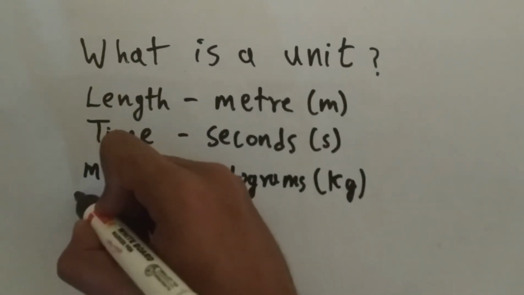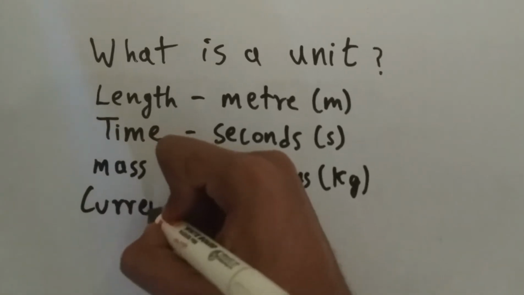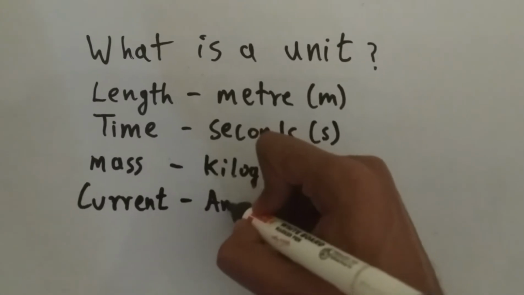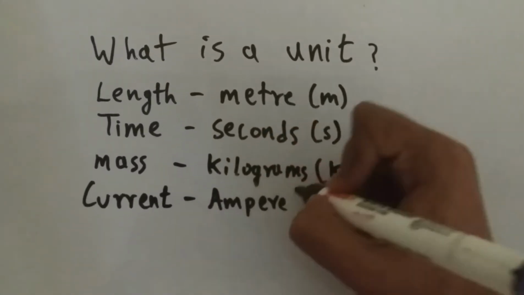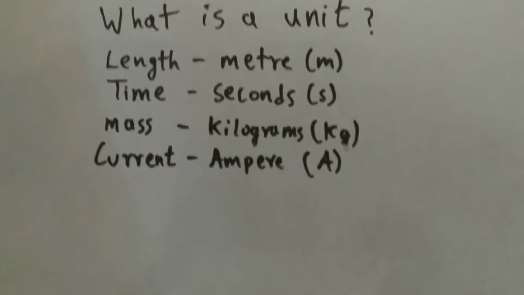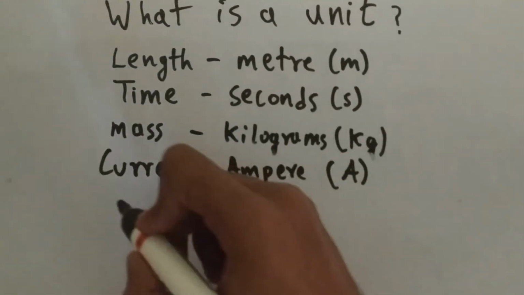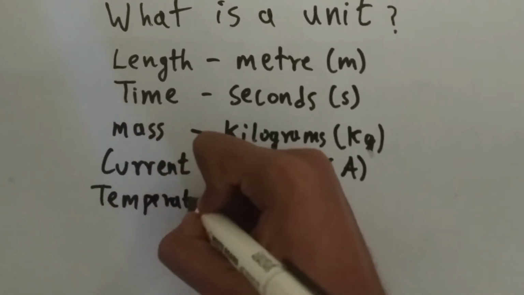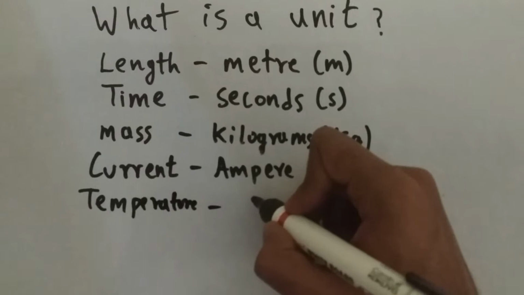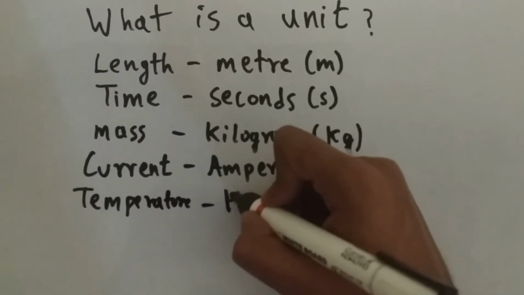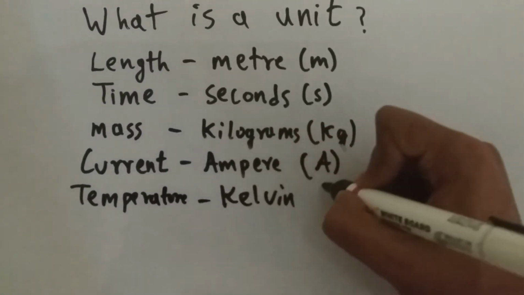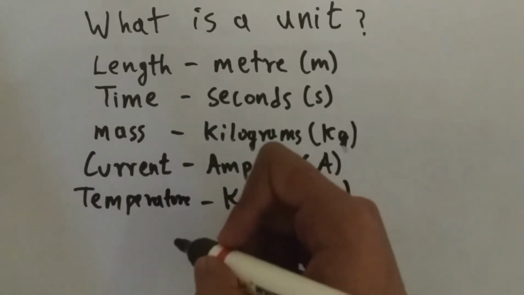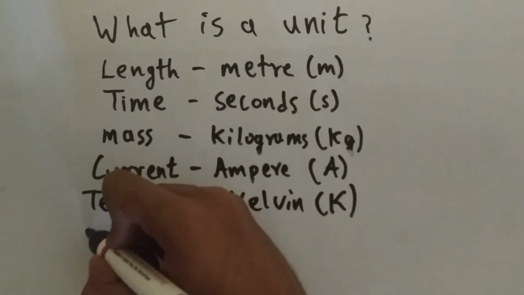Next unit is current. Its SI unit is ampere. It's represented by capital A. Next unit is temperature. Its SI unit is Kelvin, capital K. Next physical quantity is amount of substance.